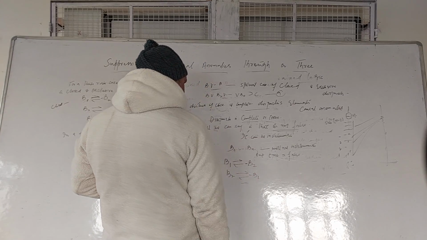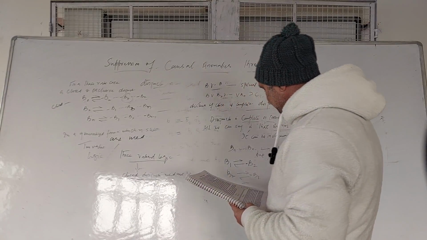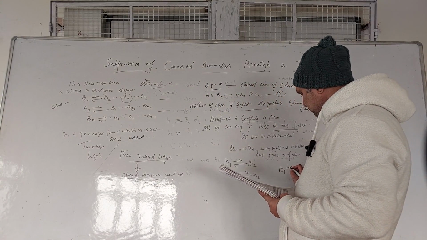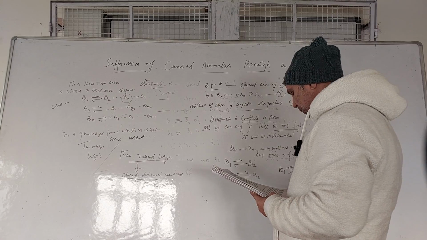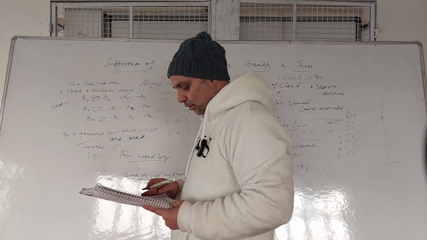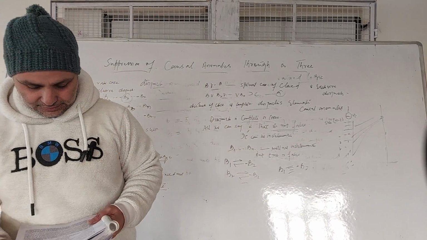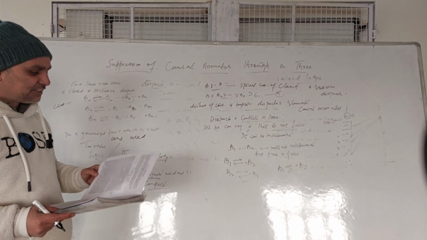A strict equivalence can also be there. So it's a stricter statement of diametrical negation or diametrical disjunction.